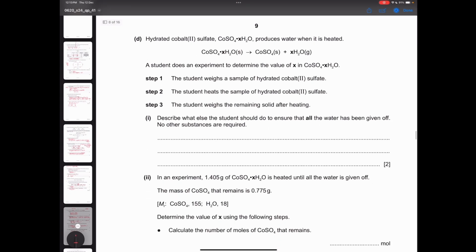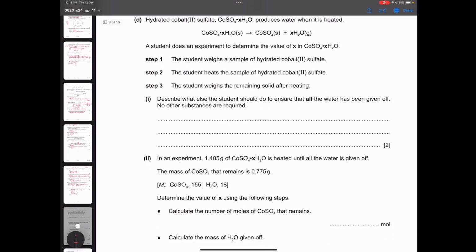Now, hydrated cobalt sulfate produces water when it is heated. This question is exactly similar to the paper 43, which we did 2-3 days ago as well. The formatting of the question is exactly the same. Describe what else the student should do to ensure that all water has been given off.